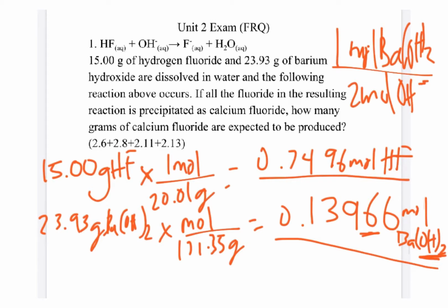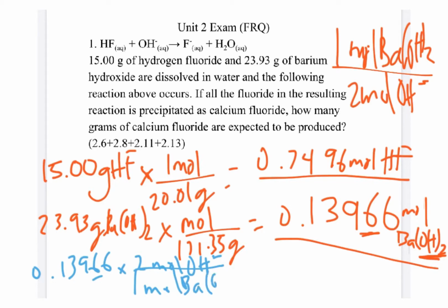If we want to have moles of OH-, we take 0.13966 moles of barium hydroxide times 2 moles of OH- per 1 mole of barium hydroxide. I forgot to put it here, but that should have barium hydroxide as well, and its moles.